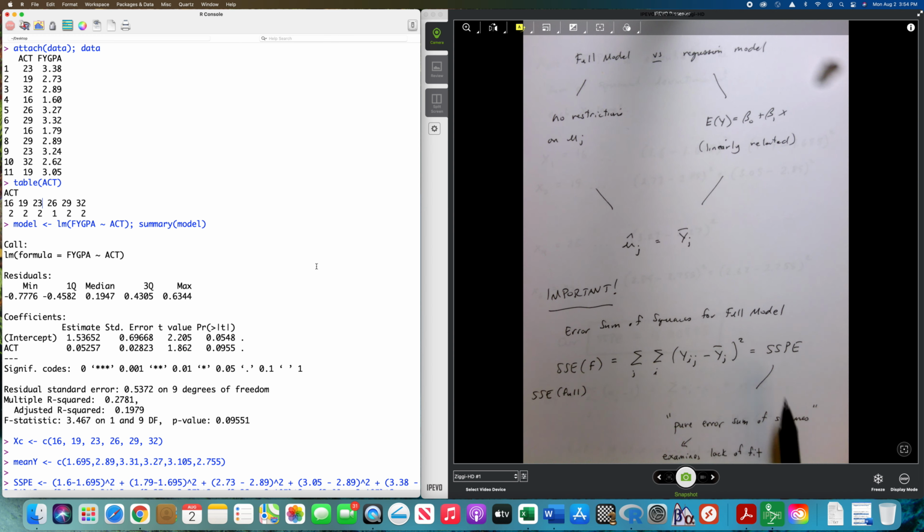We ultimately end up calling it SSPE, which is just the pure error sum of squares, or the sum of squares for the pure error. So in other words, it plays a critical role in the lack of fit. Again, we assume we have a linear model, and we create this other model that examines the lack of fit from the linear model, the base model.